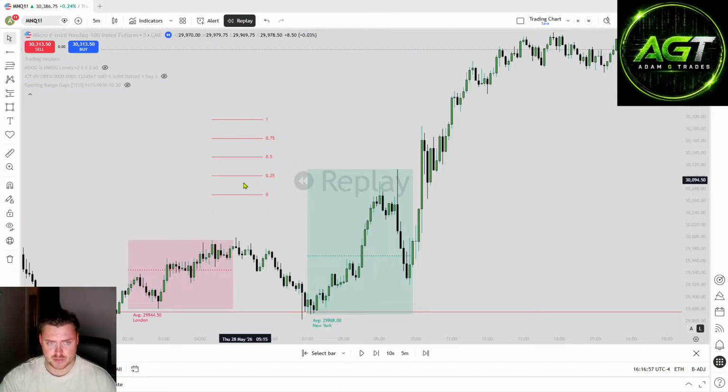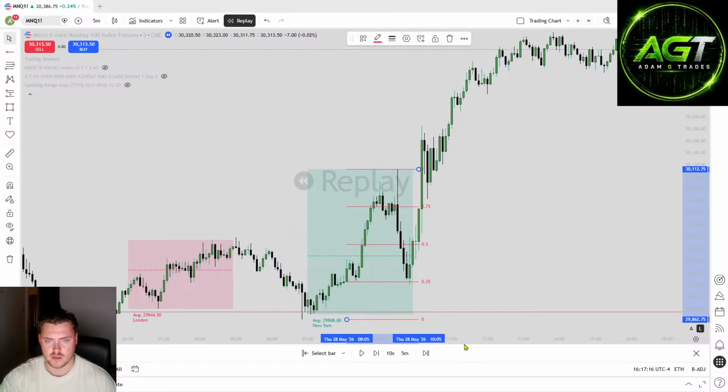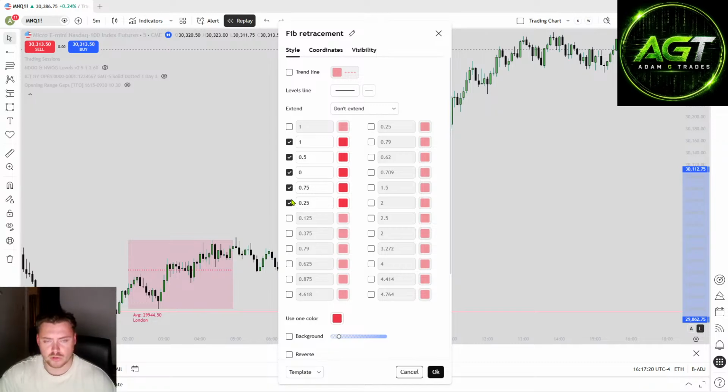So a deep premium would be this upper half, and a deep discount would be this lower half. Very basic in terms of that. So you take the lowest point on the graph and the highest point of the graph, and when you click, I'll unclick all these quadrant levels because we've got the basics of premium and discount.